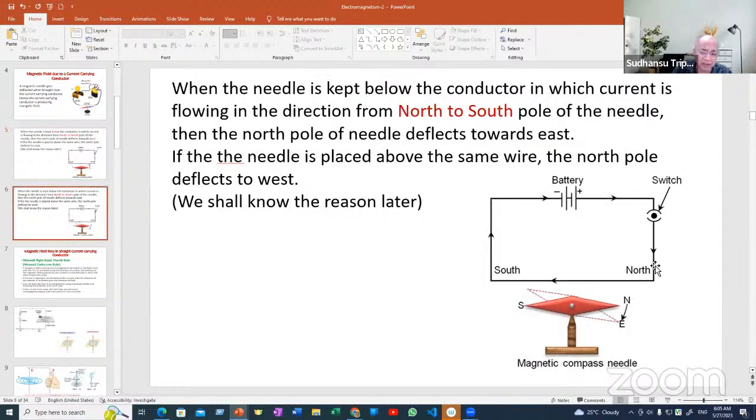The opposite thing will happen if the current will pass from north to south. The north pole will be deflected to the east if it is kept below, and if it is kept above, it will be deflected to the west.